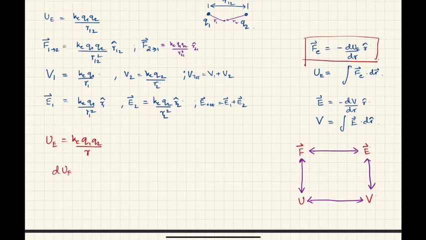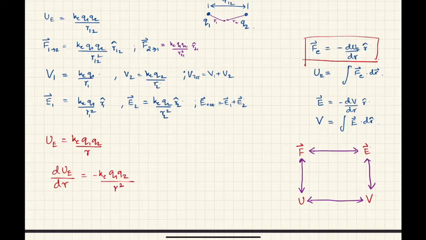So then the derivative dU/dR is, well, Kc is a constant, Q1 is a constant, Q2 is a constant, and so I just need to differentiate R, and so the differentiation of that is minus Kc Q1 Q2 by R squared.